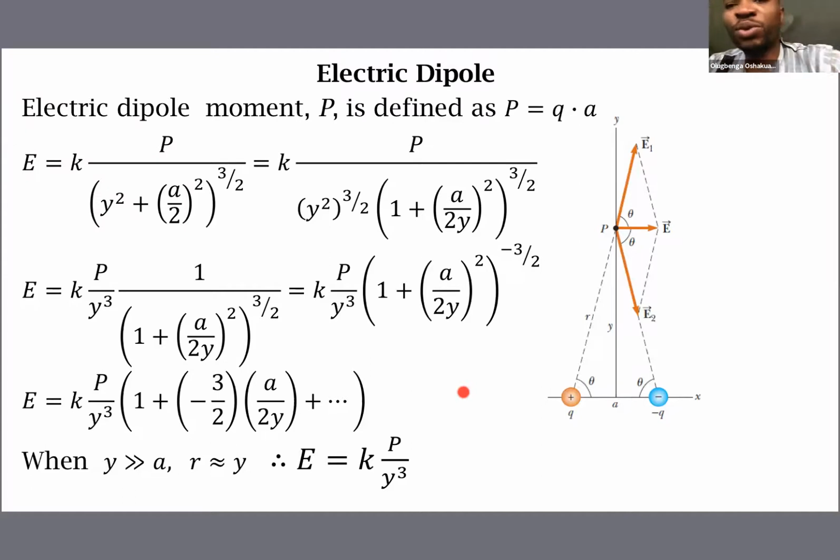In summary, when we look at this diagram one more time, the distance between these 2 charges, which we call A, is smaller than the distance between the charges and this point P. So the length Y is far greater than A. Since Y is far greater than A, then we can say that A is very small.